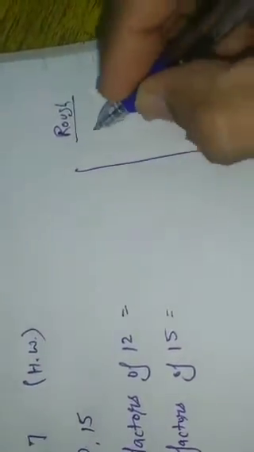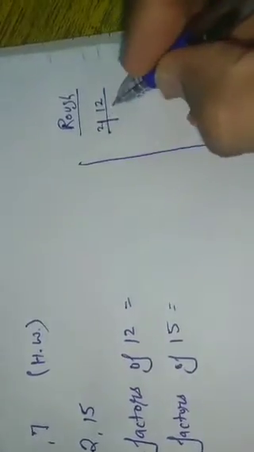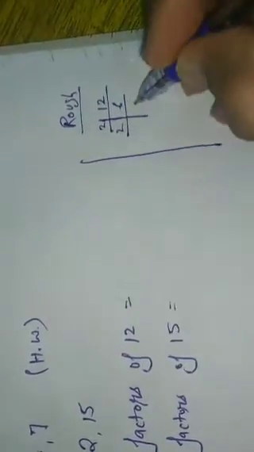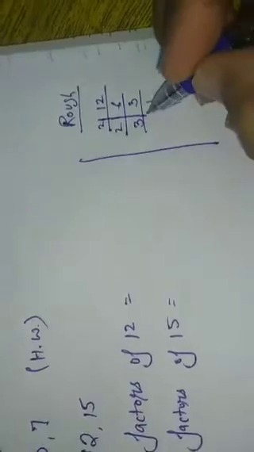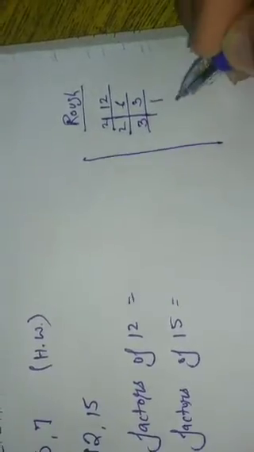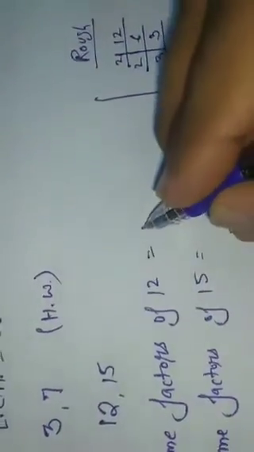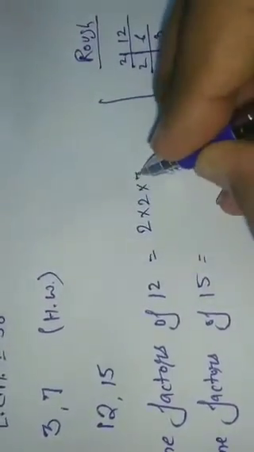So in the rough column you can get the prime factors in an easy way. So 12, 2 6s are 12, then 2 3s are 6, then 3 1s are 3. Okay, so you can write it here, prime factors of 12, 2 into 2 into 3.